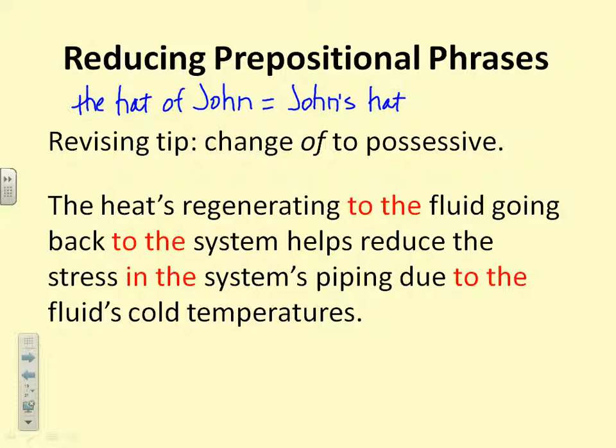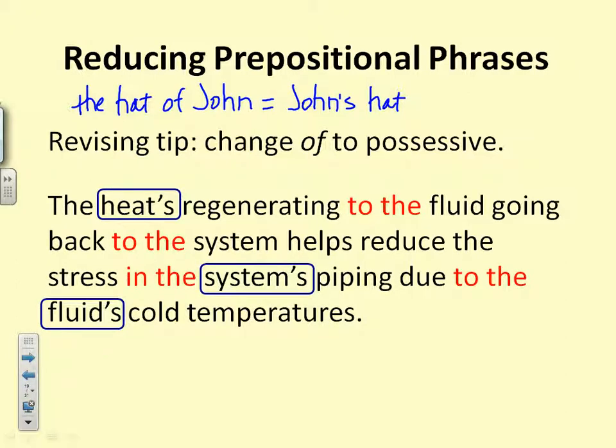You can look for anything with an "of" and try to turn that into a possessive. Now, I say try because it's something that you have to almost test to see if it works. You can't just change all the "of"s to apostrophe S. It may not work every time, but sometimes it will. So if we see here, the heat's regenerating to the fluid, going back to the system, helps reduce the stress in the system's piping due to the fluid's cold temperatures.